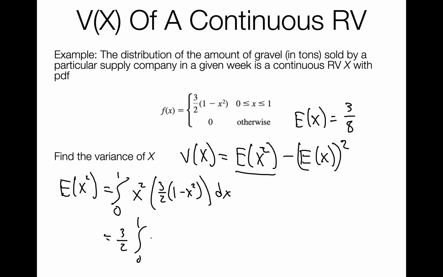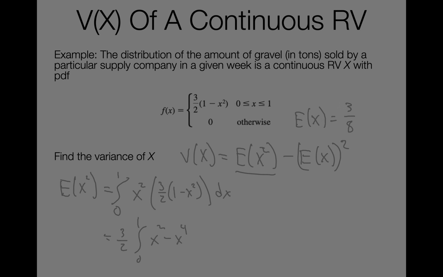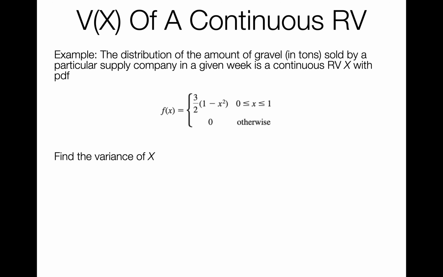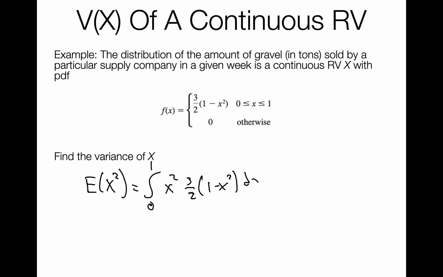We multiply through, we get x squared minus x to the fourth. Finding the expected value of x squared, that's the integral from 0 to 1 of x squared times 3 halves times 1 minus x, quantity squared, dx, equals 3 halves times the integral from 0 to 1 of x squared minus x to the fourth dx.